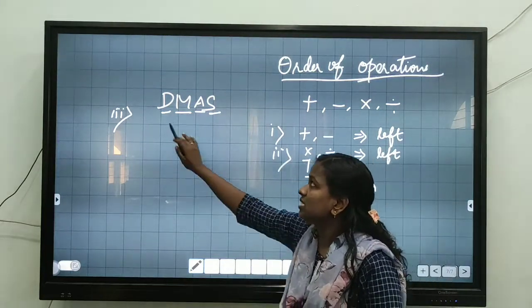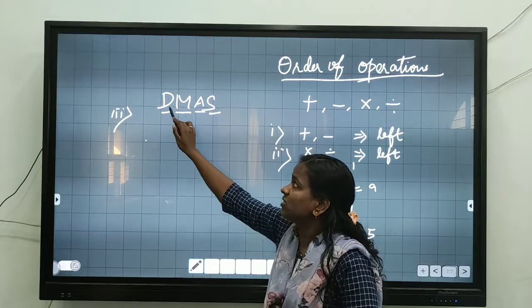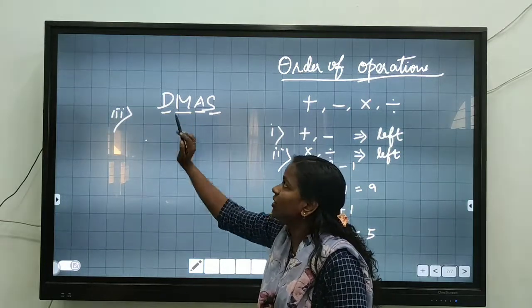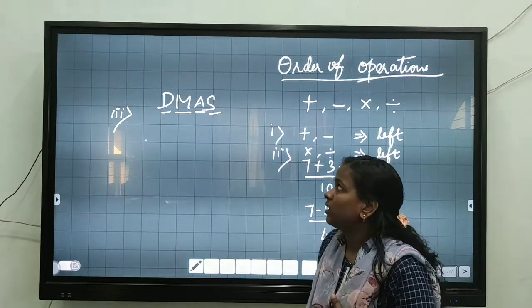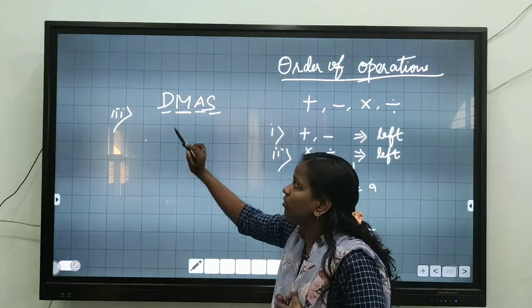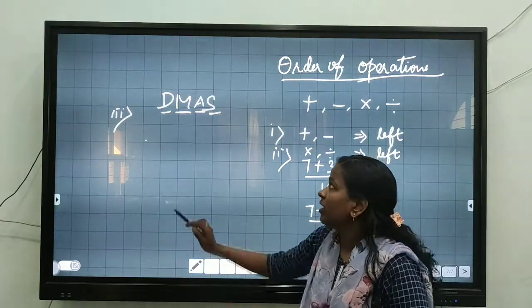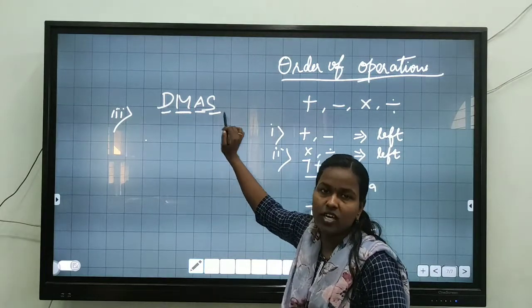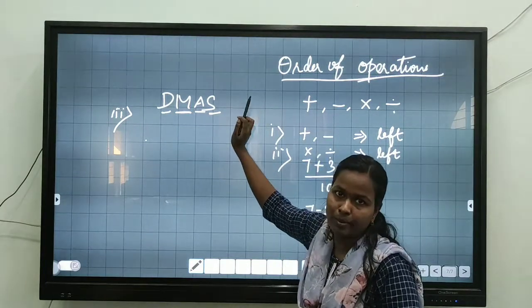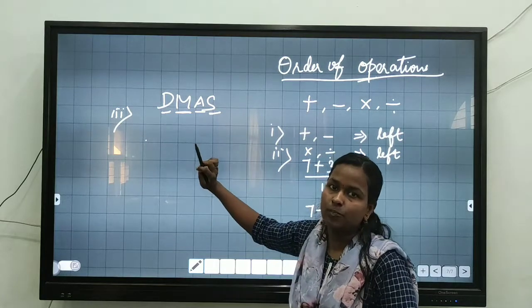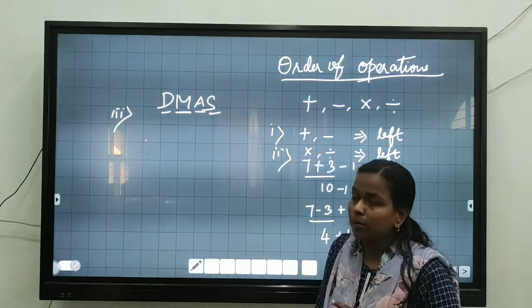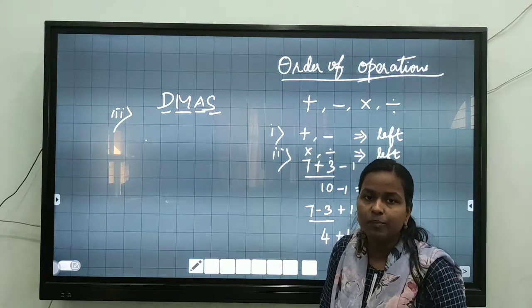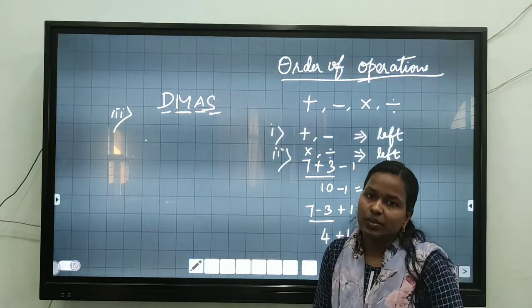So whatever is given, you have to do division first. If division is not there, multiplication is there, you have to do multiplication. If multiplication is given, you can't directly do addition or subtraction. First you have to do multiplication. If division is coming first, first you have to do the division, then multiplication, then addition, at last you have to do the subtraction.